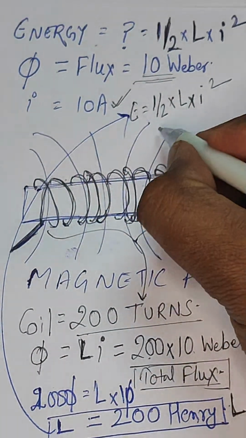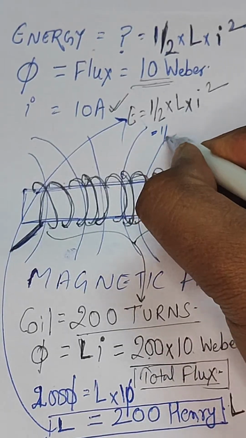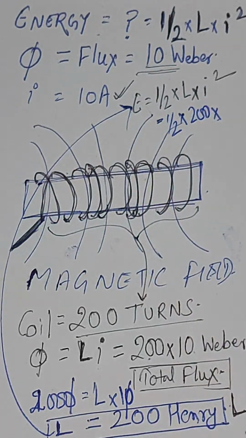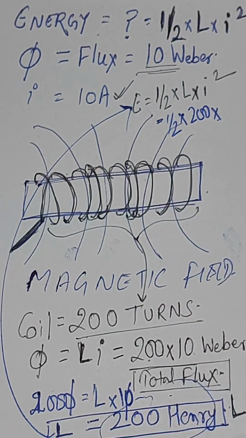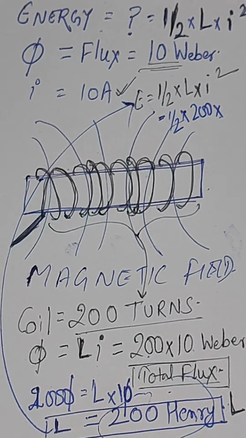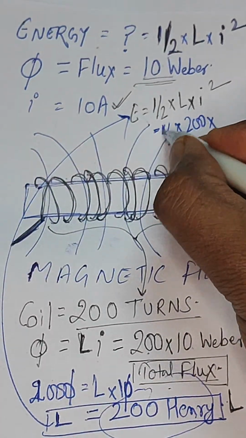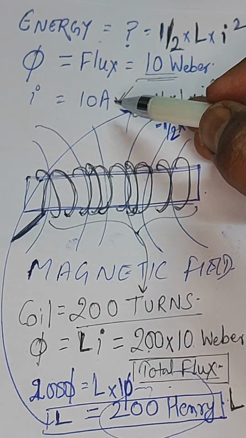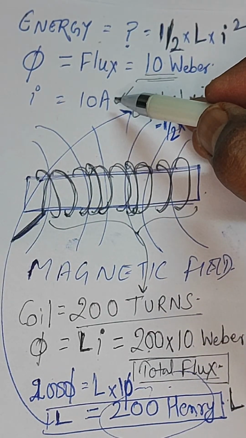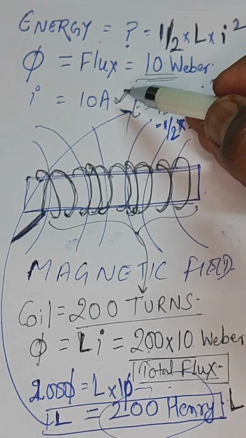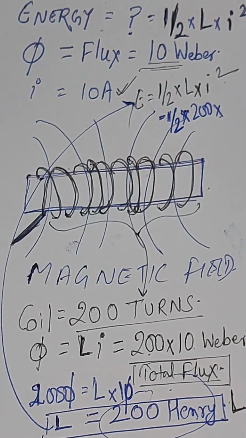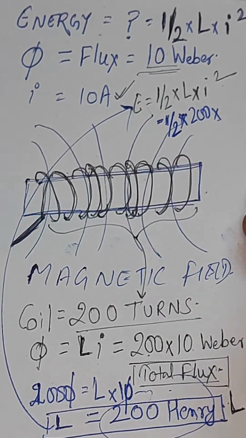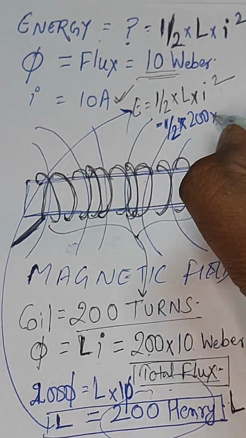So energy will be equal to half into 200 Henry, this L which we have calculated, into I square. What is the value of I? I is known to you, that is equal to 10.